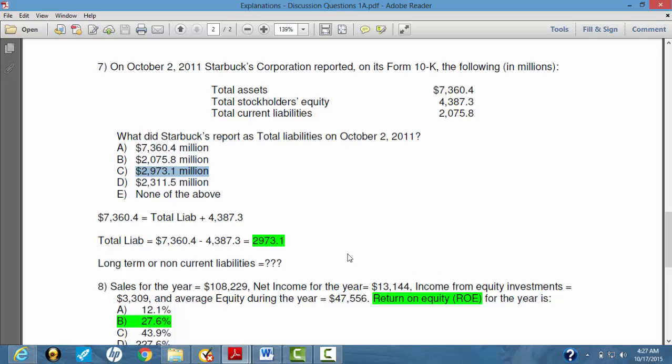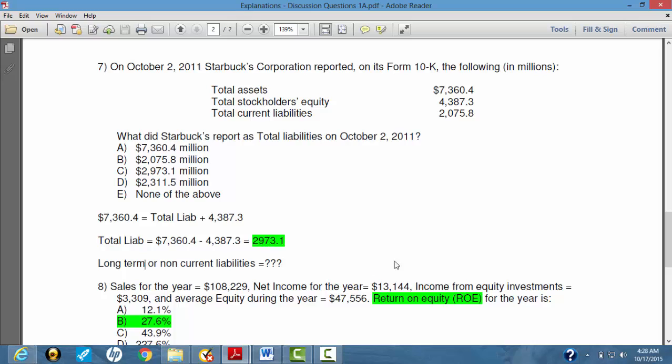Now, we are not asked to determine long-term liabilities, but based on the information provided, we were able to determine total liabilities. And from total liabilities, we can determine long-term or non-current liabilities for Starbucks.